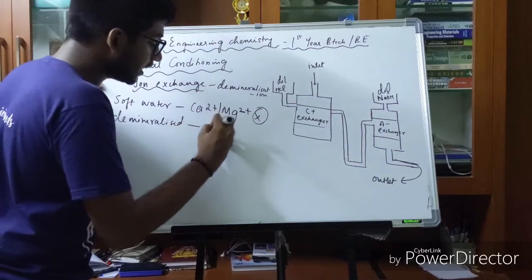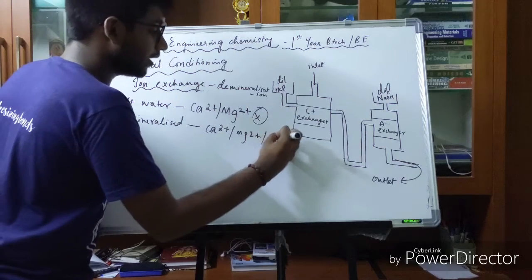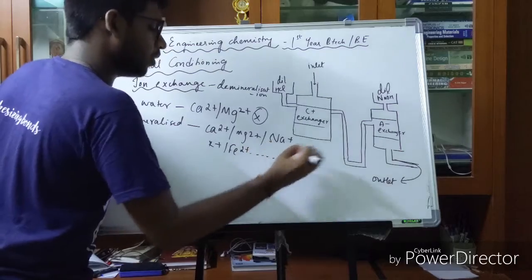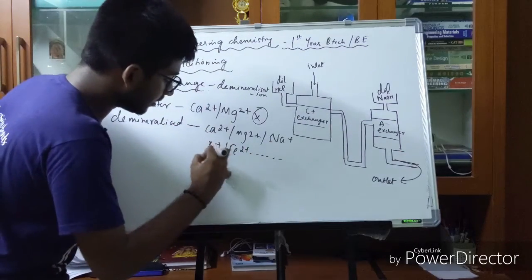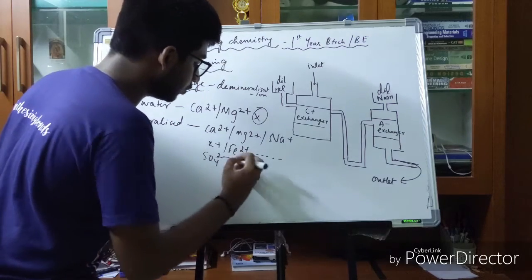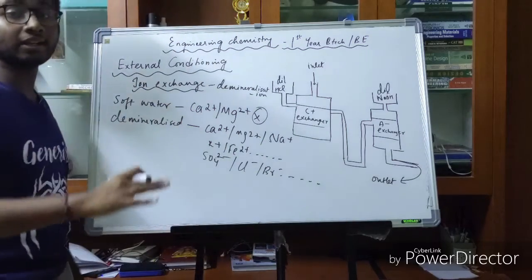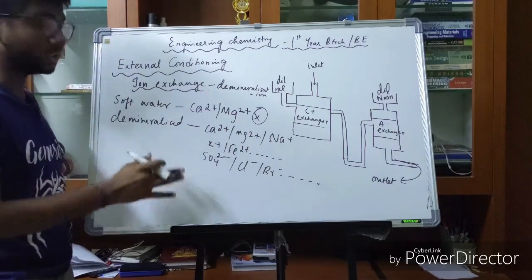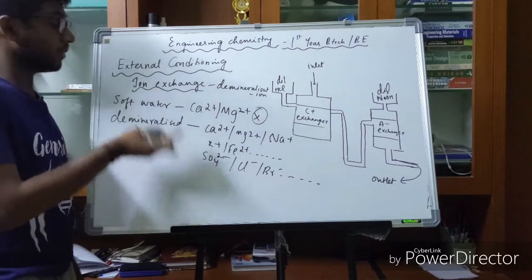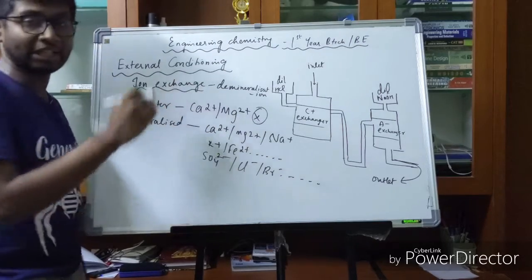Demineralized water will not have calcium ions, magnesium ions, sodium ions, potassium ions, iron ions, all cations, and let's go with anions also: SO4 2-, Cl-, Br-. All the cations and all the anions will be removed under the demineralization process. But soft water involves only the removal of calcium and magnesium.